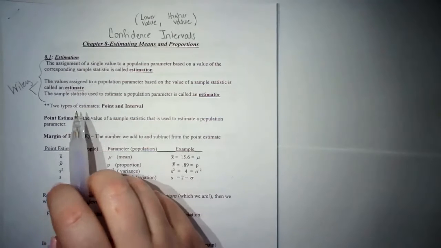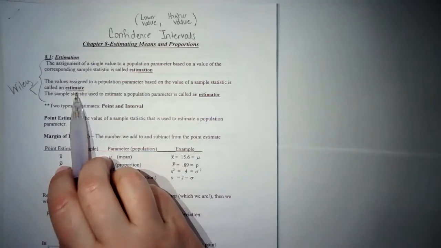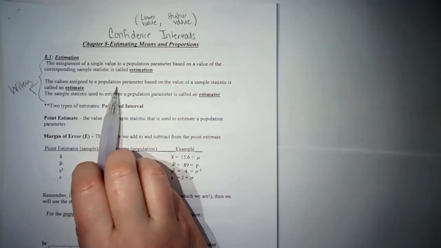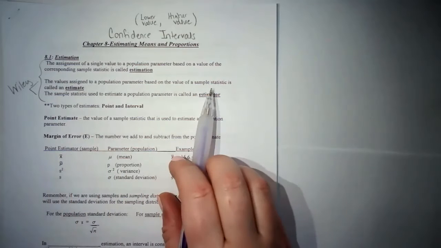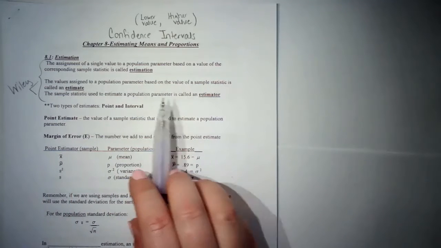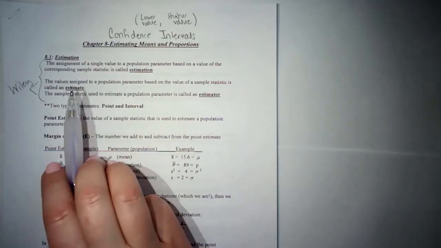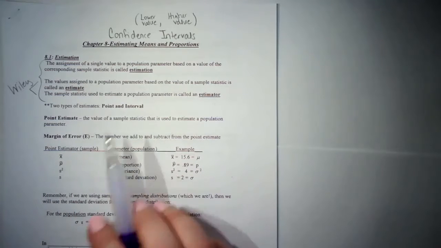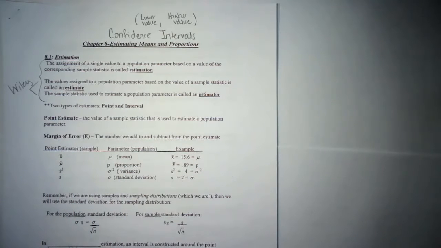An estimate assigns values to a population parameter based on a sample. An estimator is a sample statistic used to estimate a population. So they're the opposite of each other. So make sure that you're comfortable with that, because that's going to be a Wiley question, just those definitions.